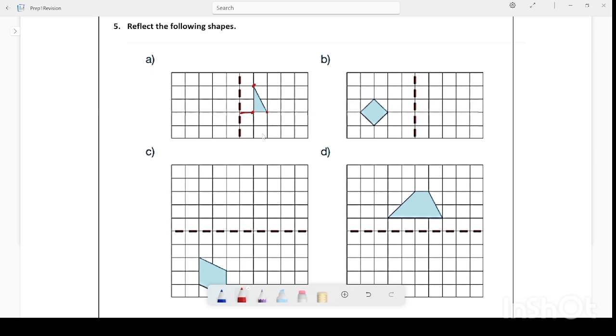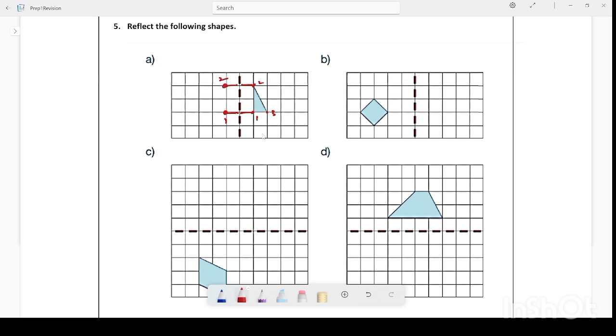So on the other side, one block distance will make the same dot. This was dot 1, this is dot 2, and this is dot 3. So dot 1 reflects as one dot, and dot 2 reflects as a dot at one block distance on the other side.